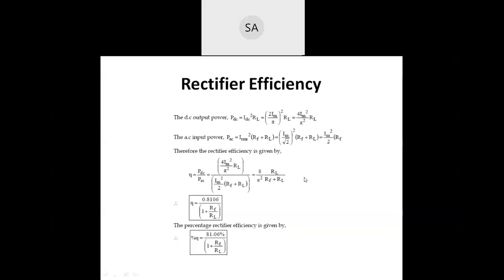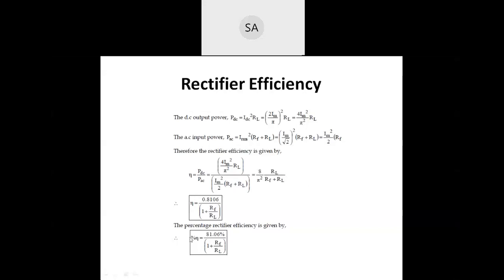We take the common term RL, so RF by RL plus 1 into RL. This RL will be cancelled. So 8 by pi square, after calculating this value, we will get 0.8106 by 1 plus RF by RL. This is normally without percentage.